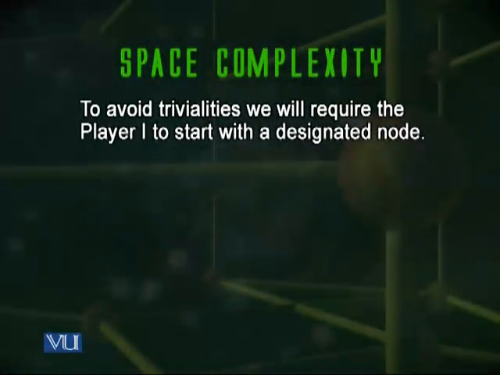Now, to avoid trivialities, we will require player 1 to start with a designated node. What we would do is say that the game starts and player 1 has to choose a neighbor of a designated node. Notice that this is not a restriction on the original geography game. One of the reasons for doing this is, suppose you have a graph in which you have a node which has no outgoing edges coming from it.